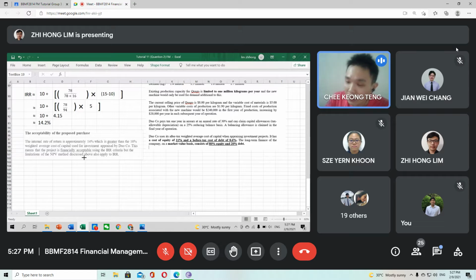But now the cost of your company is only 10%, which is lower than the IRR. So your NPV is definitely positive, and you can accept this project. But again, if the marks given are like 7 marks, then you expand more on the problems of IRR, for example that the estimated cash flow might not be accurate. All these things you can expand.